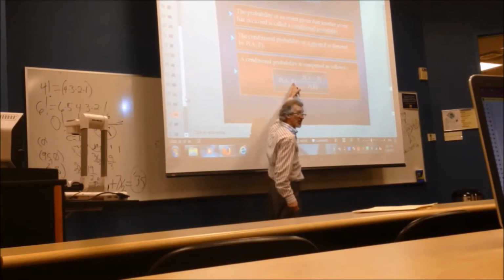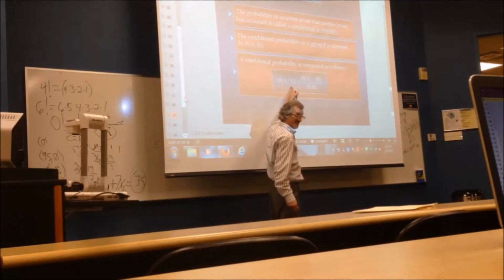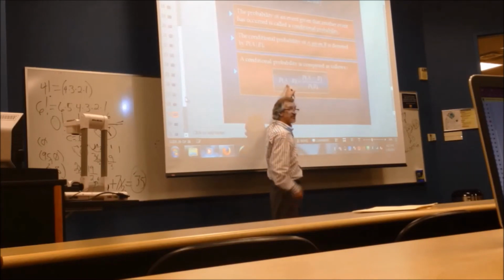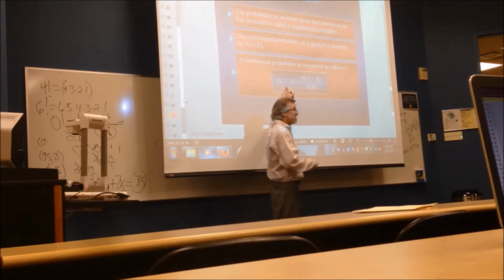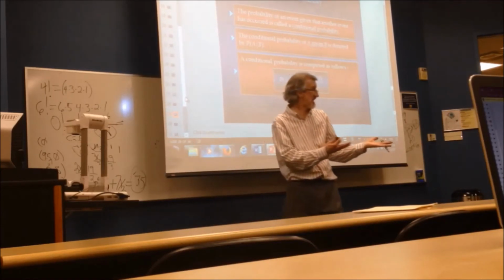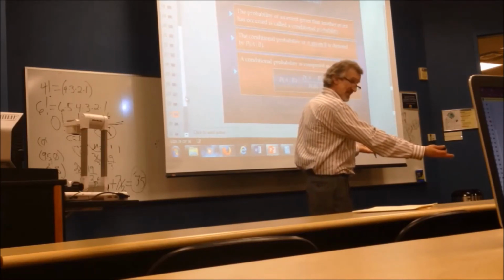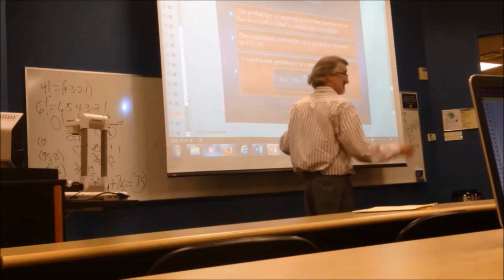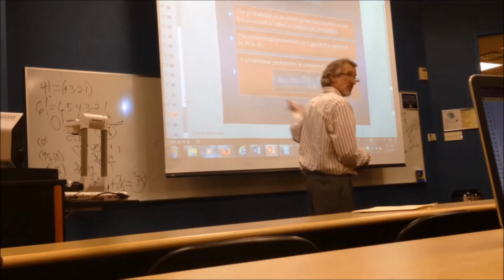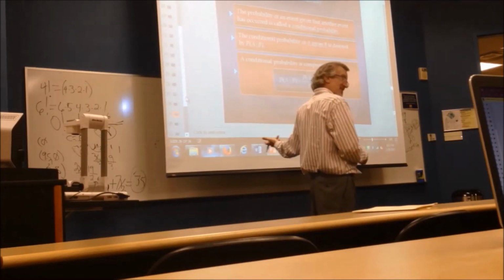The condition is always the second letter. The first letter is what you're asking to find the probability of, given the second letter. So the words would be: given B, that Collins is profitable, what's the probability of event A, in our case event M, that Markley's profitable.